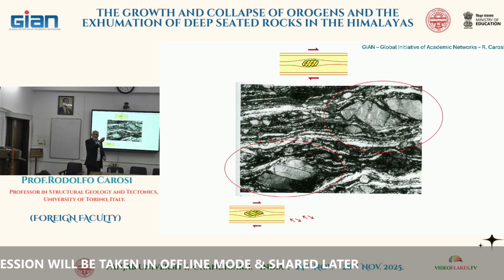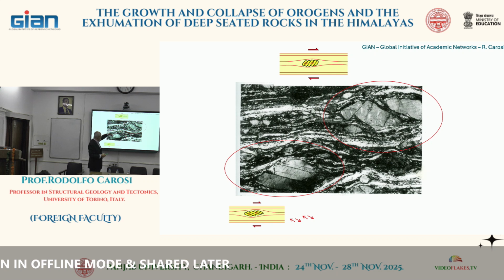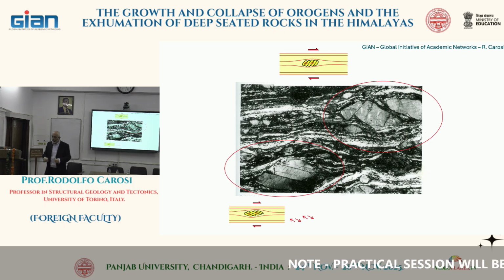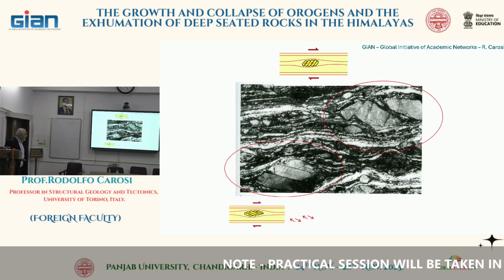But when you are at 50, 60, you are in between, you cannot decide if you are at a small angle or at a high angle. So you can refer only to the end member. Because if you are in angles like this, you cannot decide if you are in one kind of structure or the other.